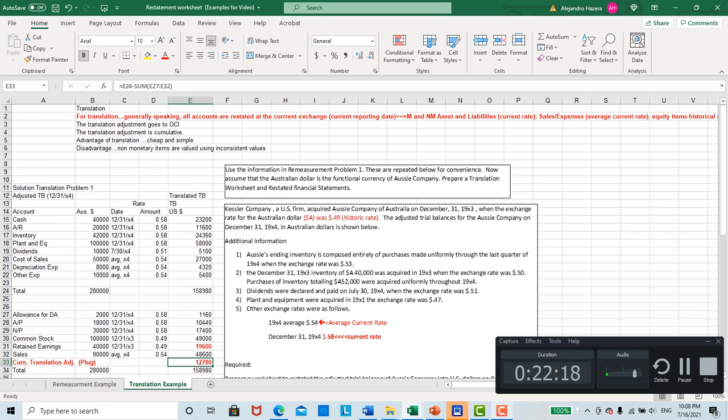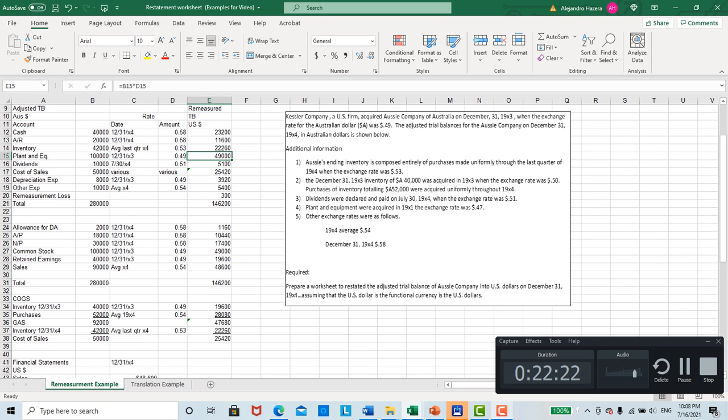In the translation, you valued plant and equipment at 58,000. I'll tell you right now, that 49,000 means more because you're taking the historic cost times your historic rate. You essentially bought it at 12/31/3, and you're getting 49,000. So that gives you a good measurement of historic cost. So theoretically, this method is better from that view.